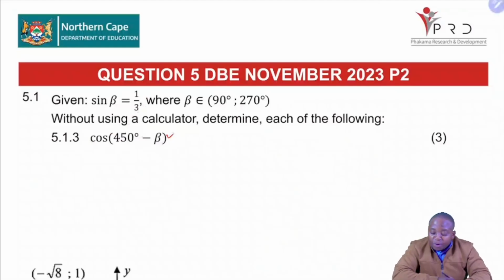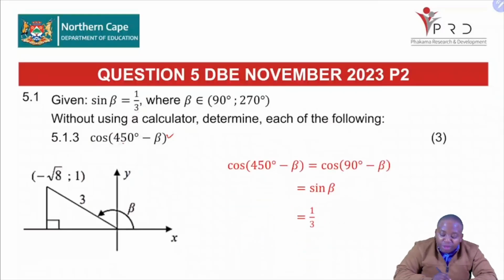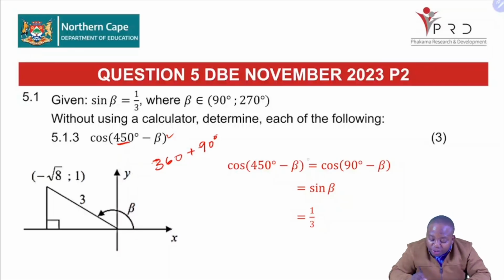So 450, what am I going to do from our sketch? We are going to reduce it with 360. We are going to just say the 450 is actually 360 plus 90. So 360 plus 90 will give us the 450.